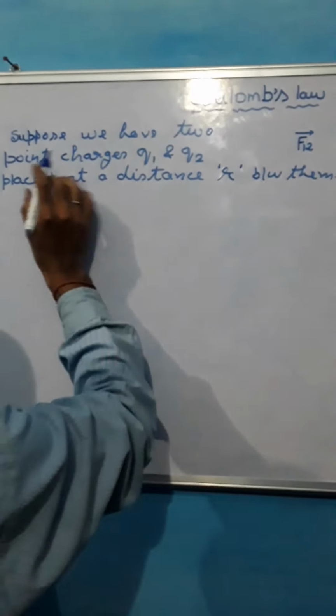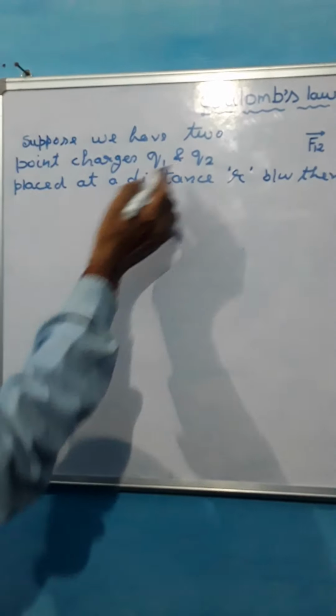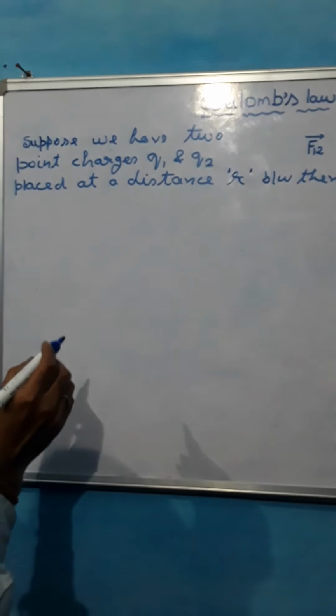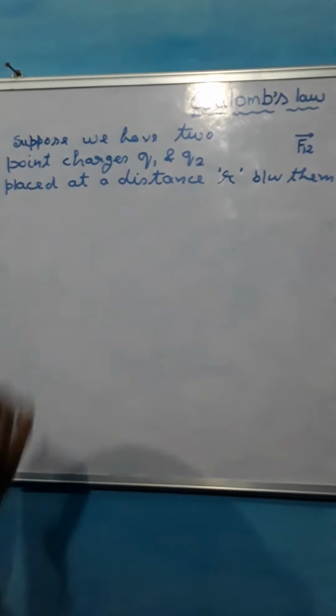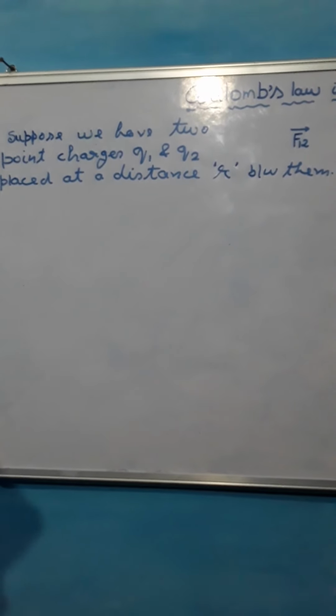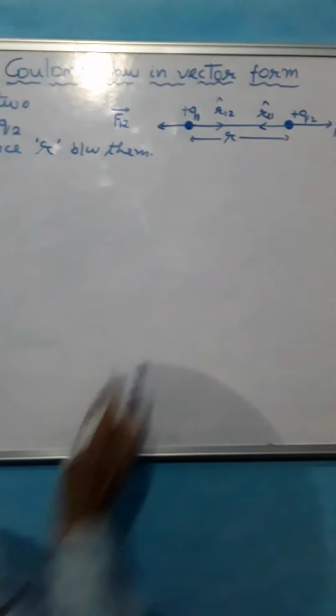R is the distance between them. They are placed in vacuum, and an important thing, these 2 charges are at rest.